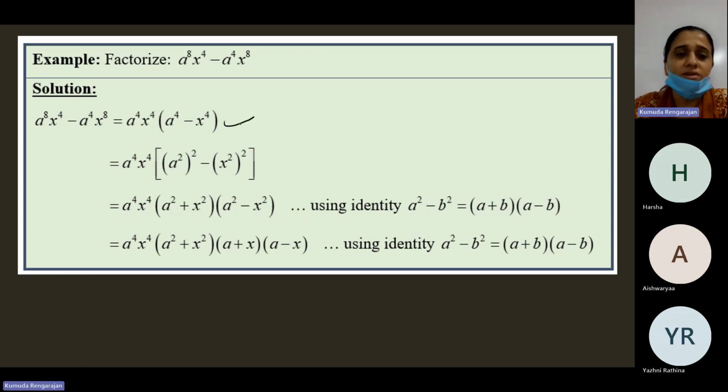So after doing that, children, this is like a the whole square and this is b the whole square. A plus b into a minus b, and that can be done again because again this is like a square minus b square, so a plus b into a minus b.